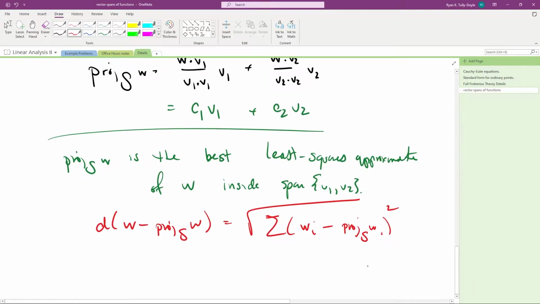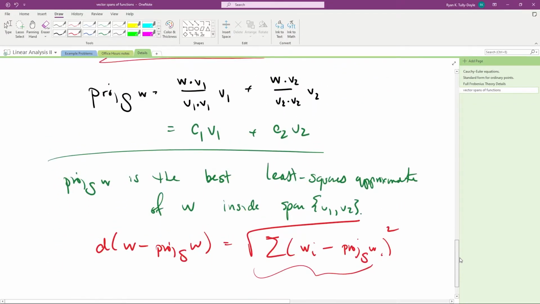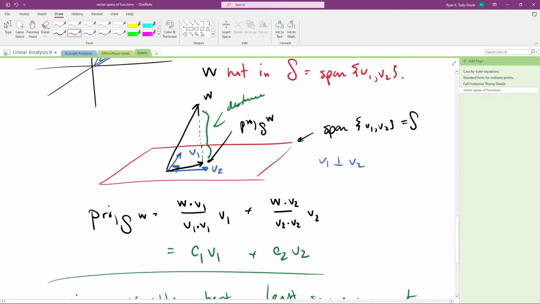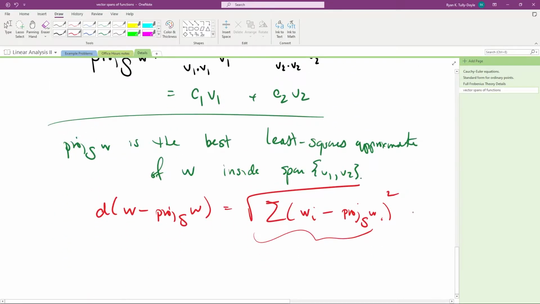So least squares means that the way that we're computing the error here is with this distance formula. I subtract the vectors, I square all the components, and I add them up. And what we're computing is the length of that distance right there. So the error between w and the plane is just given by that length, and that length comes from this formula.